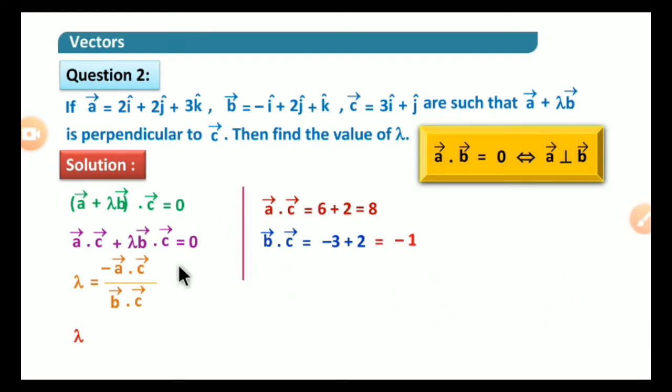So now we can replace the values of A dot C and B dot C. Therefore, lambda is equal to minus 8 divided by minus 1. Therefore, lambda is equal to 8.